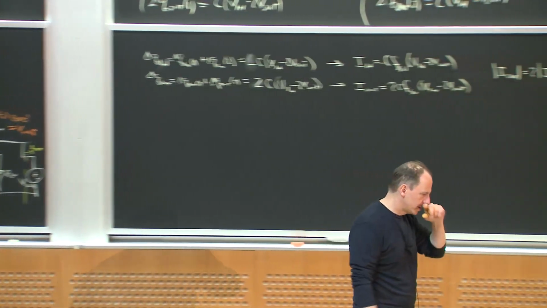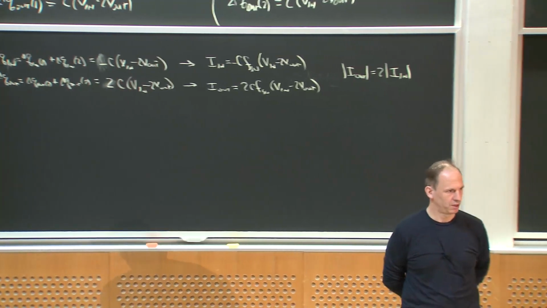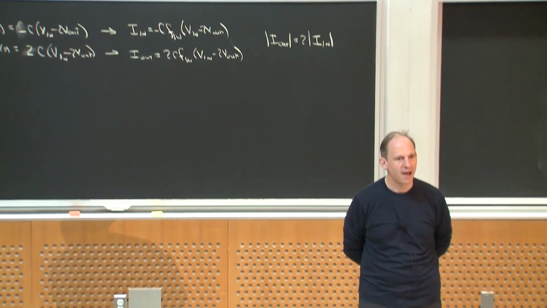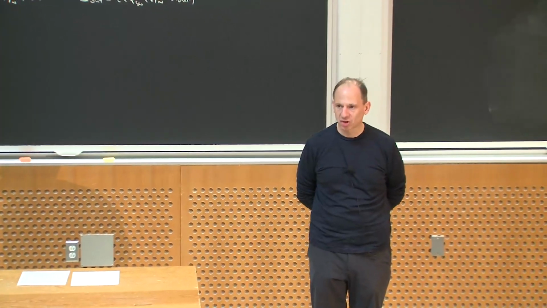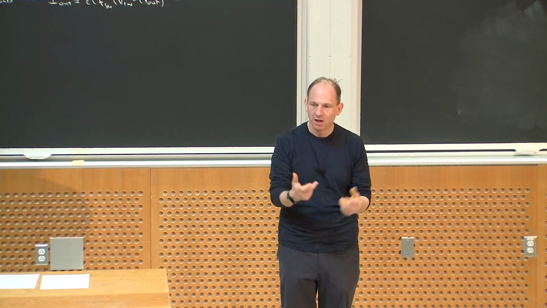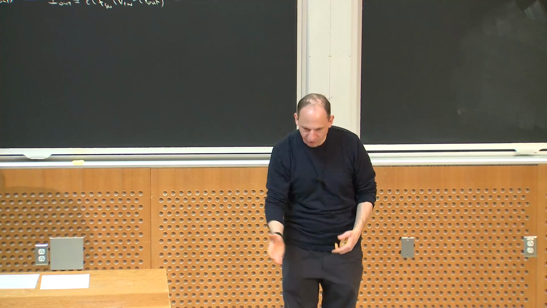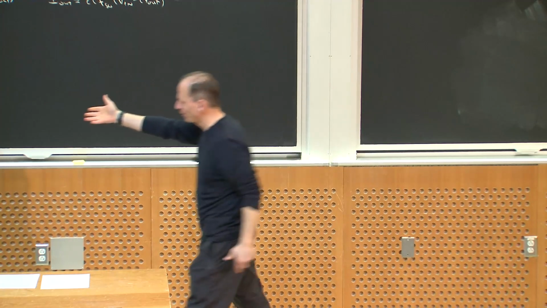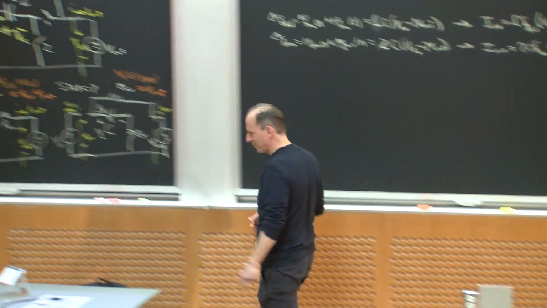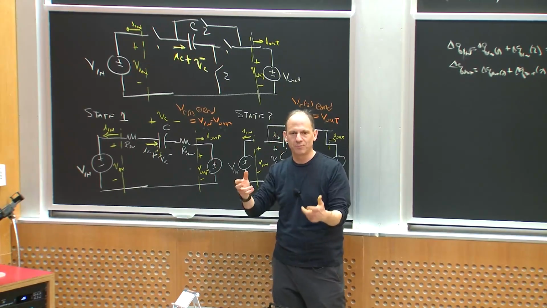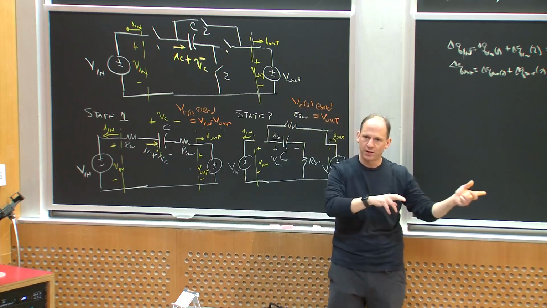I should say that this is the defining feature of a switched capacitor converter. You will always have some rational relationship, rational meaning an actual fraction, relating the current from the input to the current on the output. Why? Because this is a very simple converter. We've got one capacitor that we're flipping around. But generally, you're going to be taking energy, storing charge from the input, doing something, and throwing it to the output.